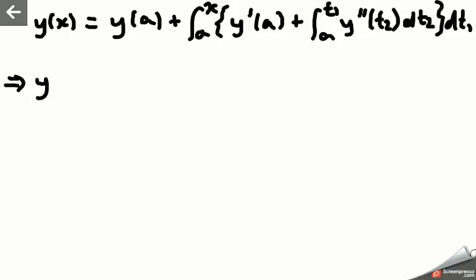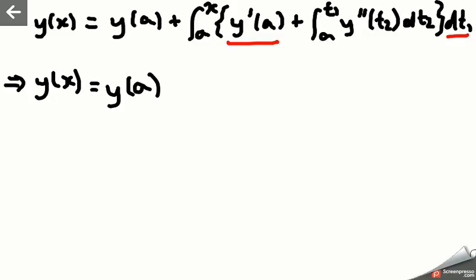So y of x is equal to y of a plus, now, here's an important, maybe subtle detail to recognize. This y prime of a actually doesn't have anything to do with T1.